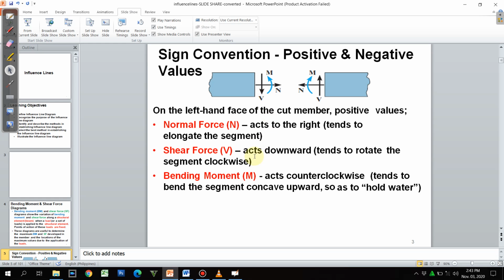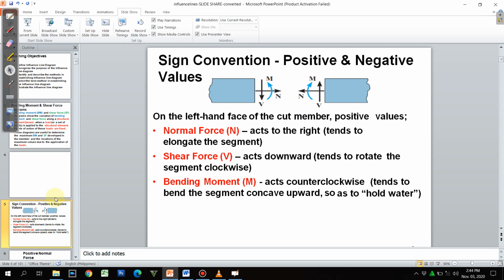The normal force is either tensile or compressive in nature. A tensile force is stretching, where your arrow is away from your member and parallel to the axis.